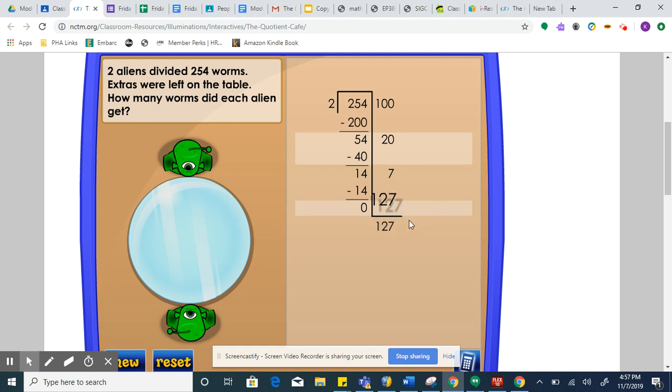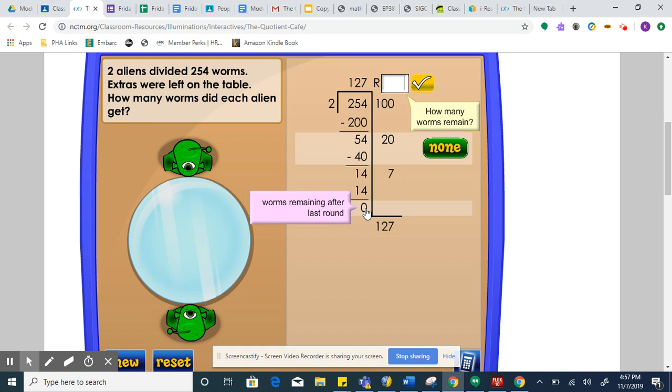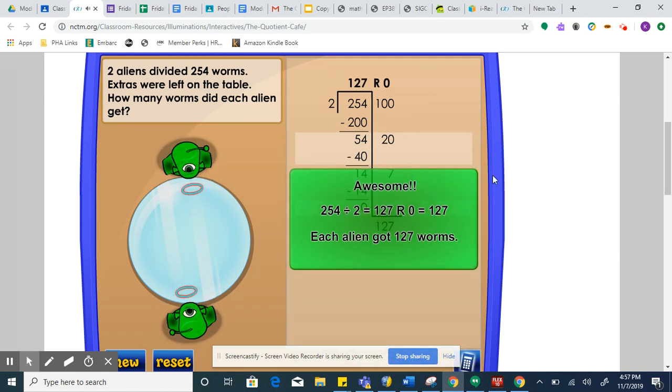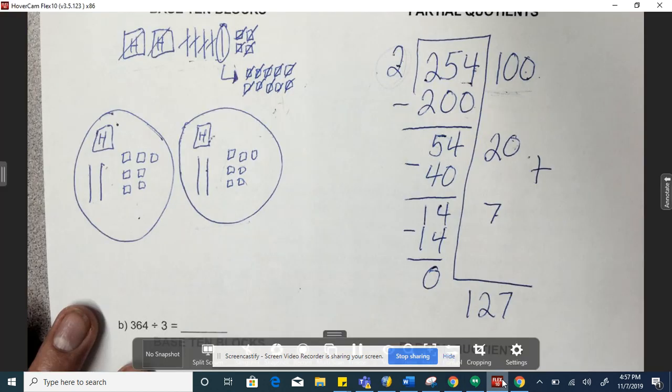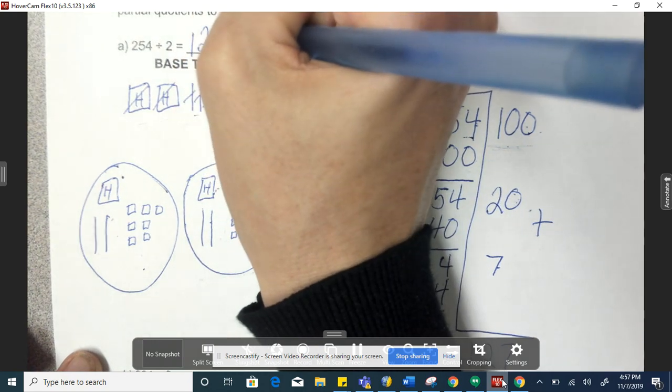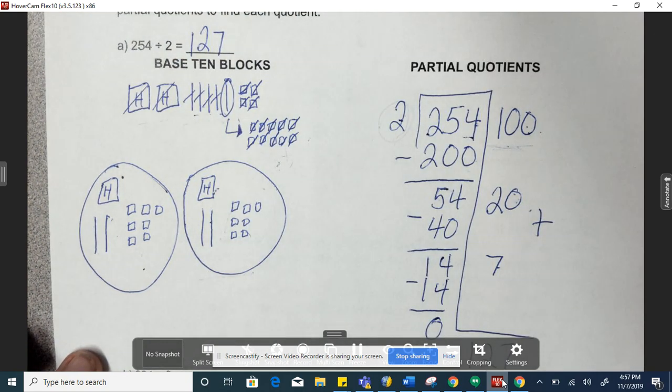Let's see if we got it right. Excellent. And we can look over here. There are no worms left on the plate. So that means that our remainder is 0. Excellent. So here on our paper, we're going to write at the top, 254 divided by 2 is 127.